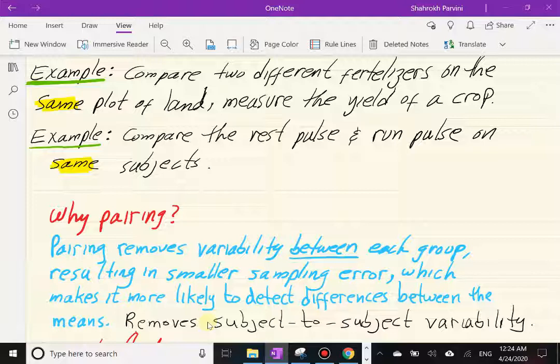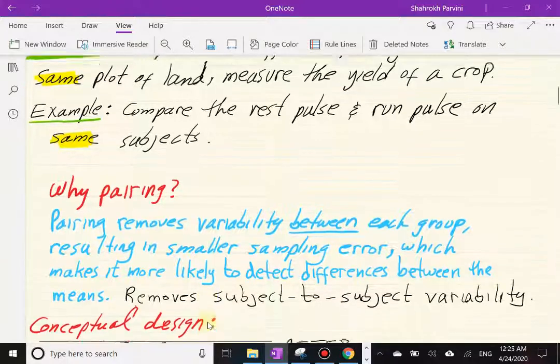Okay? And that pairing results in a smaller sampling error. So if there's less of a sampling error, then any differences that we see in the averages is most likely due to the treatments. Okay? So that's why pairing makes sense.